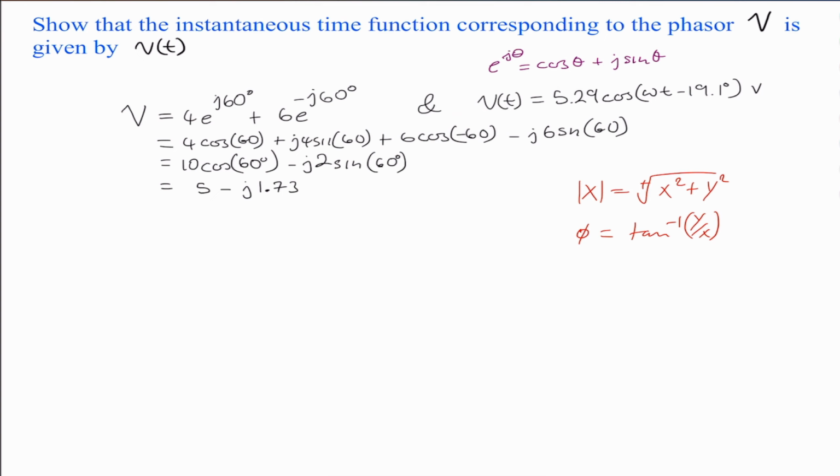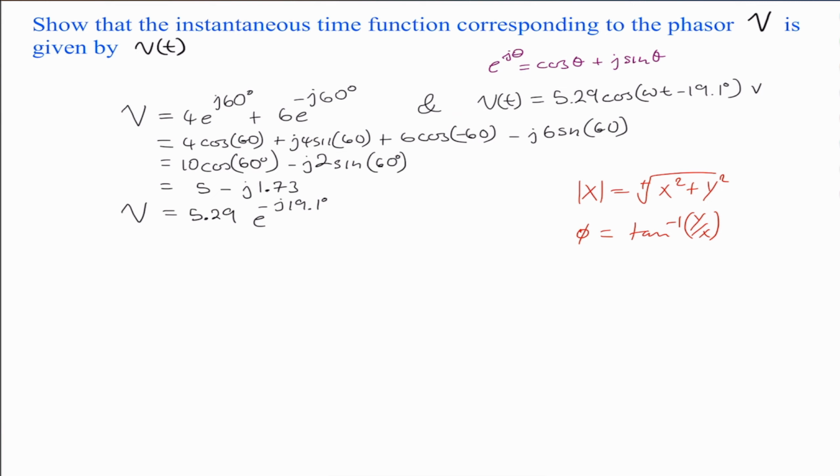We can write that our magnitude is then equal to 5.29, and we have an angle of minus 19.1. So this is the phasor component in polar form.